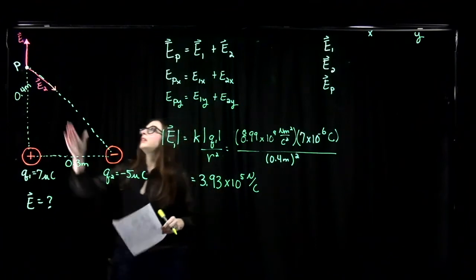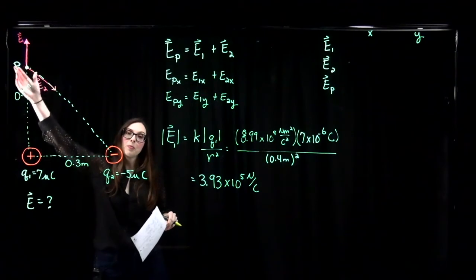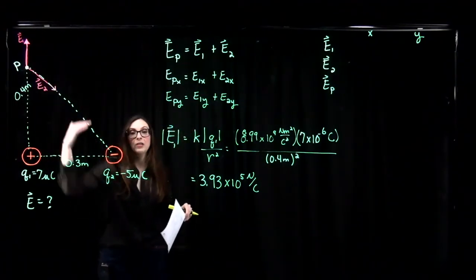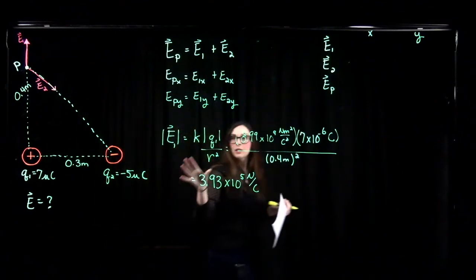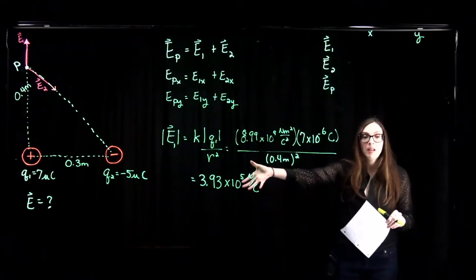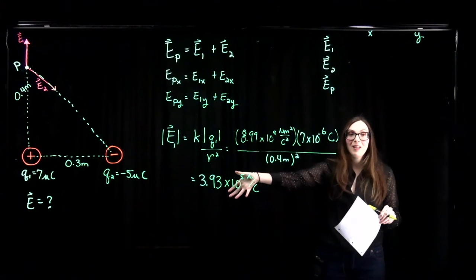Now, this electric field vector at point P is only in the vertical direction. It has no x component. So the magnitude of my electric field vector, E1, is the full EY component.